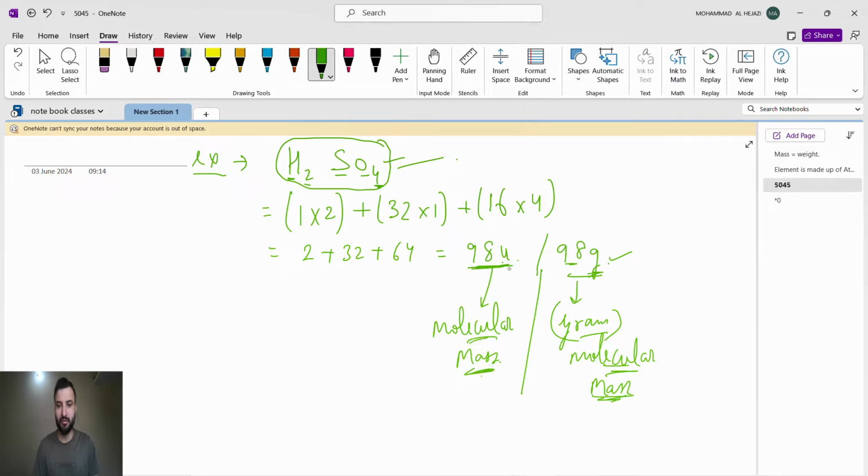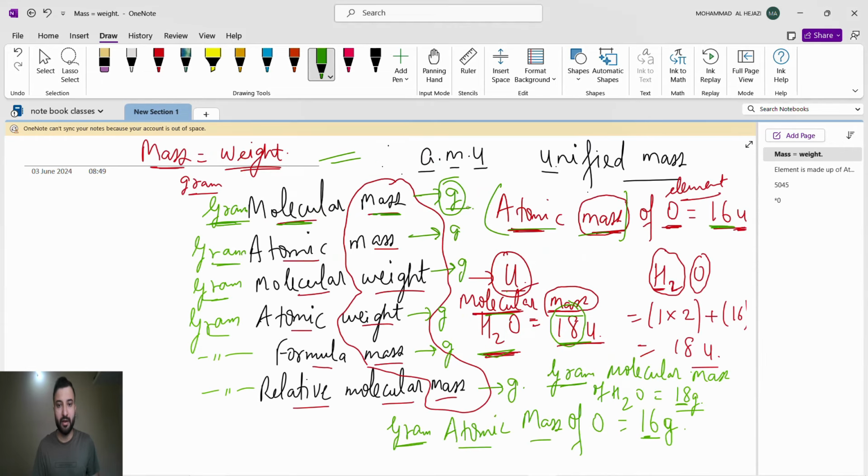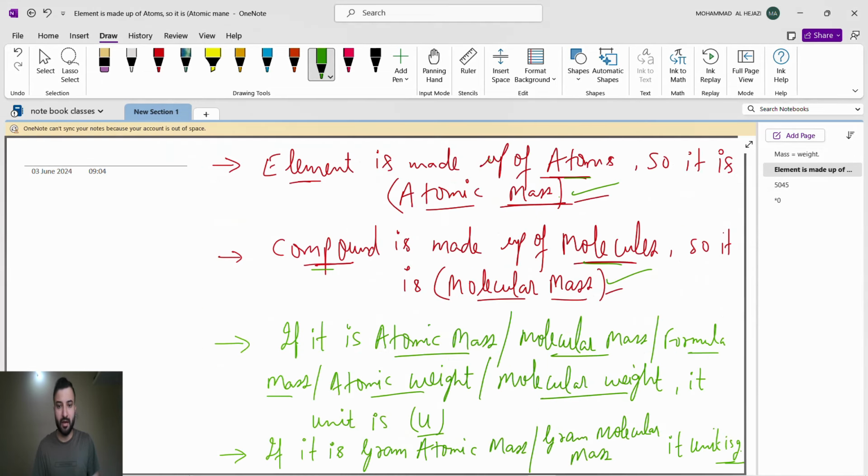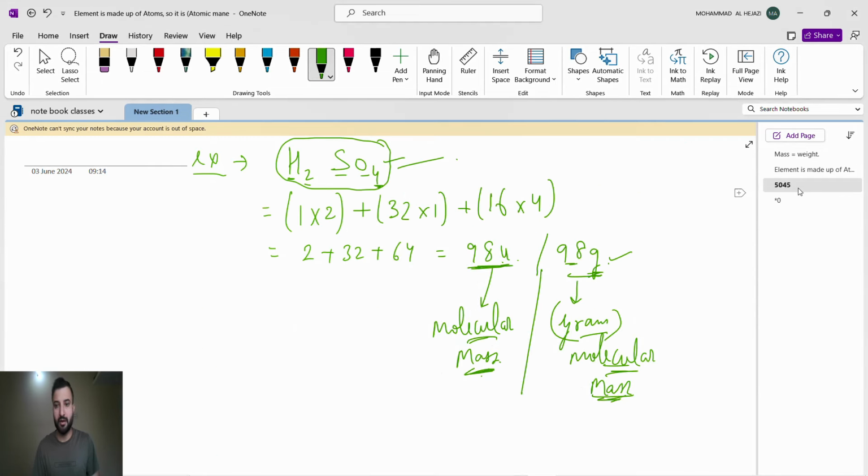Molecular mass is expressed in U. Gram molecular mass is expressed in gram. Copy this slide also, so your concept will get clearer with the example. So the first slide, don't copy anything. On the second slide, write all these 4 points, and on this slide, write down the example as I have written it. So you'll understand: U is for molecular mass, gram is for gram molecular mass.